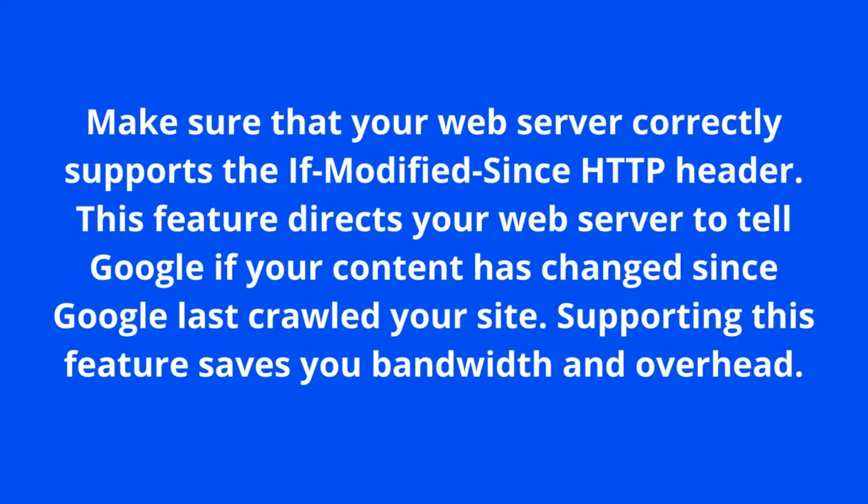Make sure that your web server correctly supports the If-Modified-Since HTTP header. This feature directs your web server to tell Google if your content has changed since Google crawlers last crawled your website.